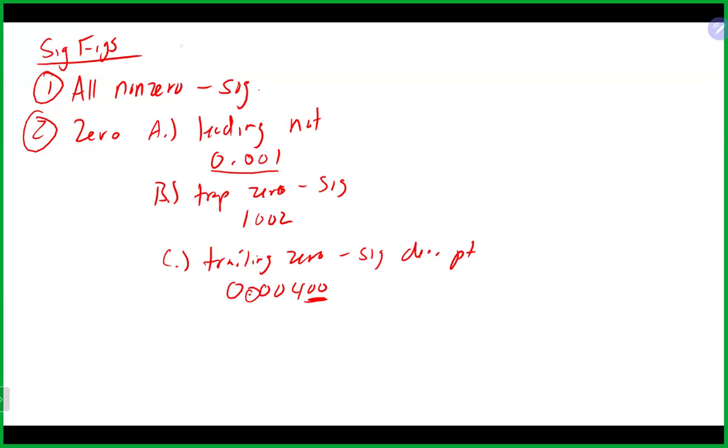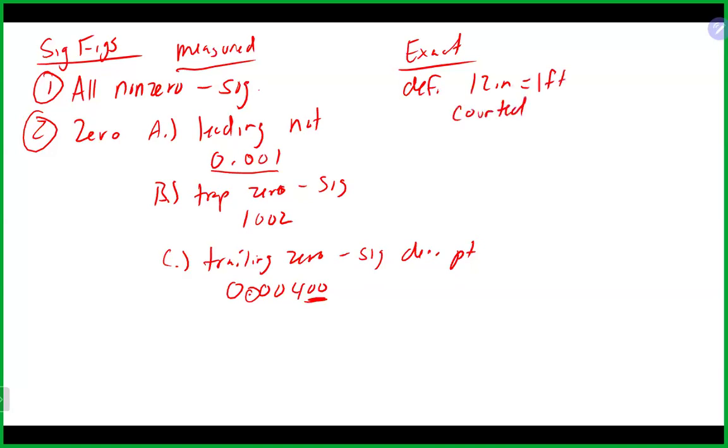Remember that significant figures come from measured numbers. There's also exact numbers that we talked about as well. Exact numbers are definitions, like 12 inches equals 1 foot, or something that is counted. In terms of significant figures, anything that's an exact number can have an unlimited number of significant figures.